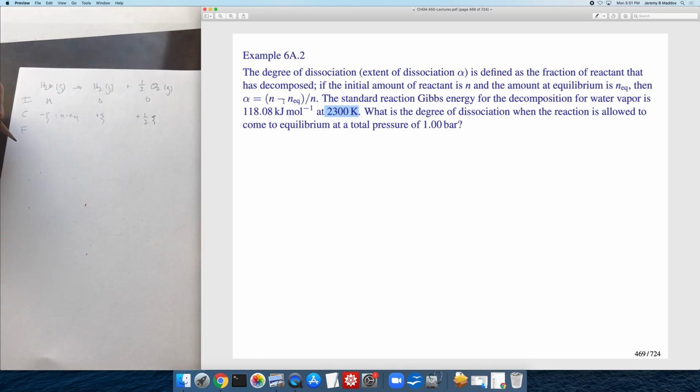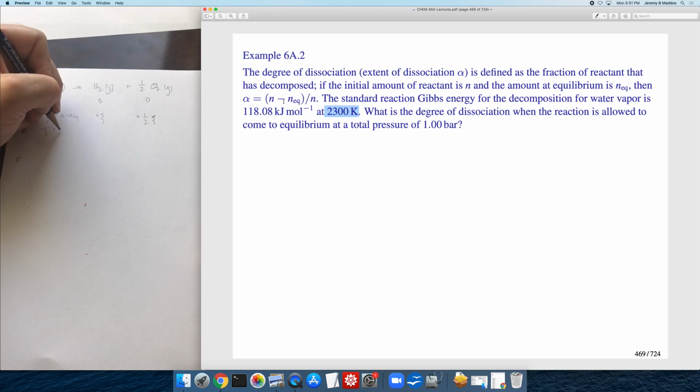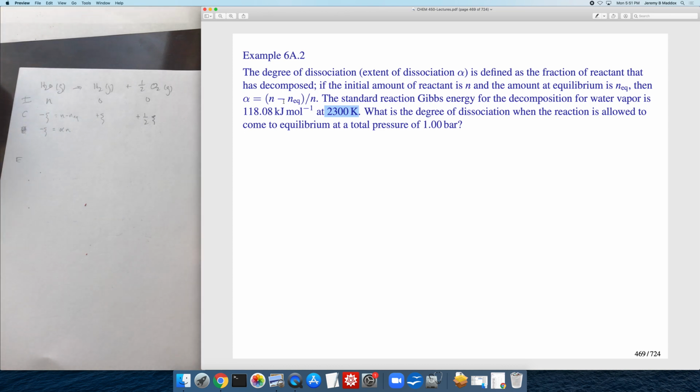If we were to rearrange that in terms of what they've given us, this minus our extent of reaction variable is going to be equal to minus alpha times N. So that's the quantity that we want to use.